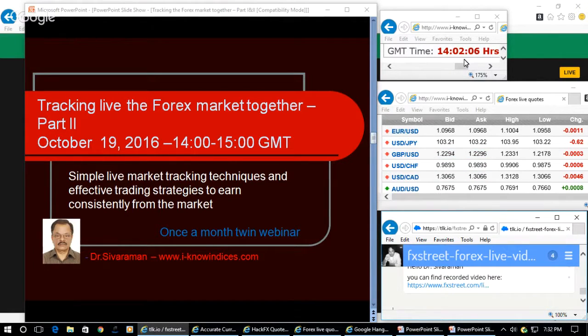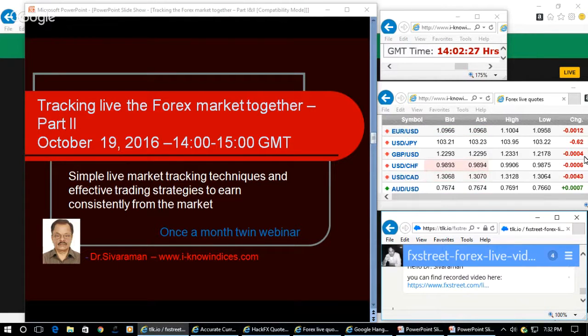Now it is 14 GMT. At 13:30 GMT the US session starts, so it is 30 minutes past the start of the US session. And if you look into the market here, Euro is showing 12 pips negative net change, and during the European session, Euro was showing positive net change.